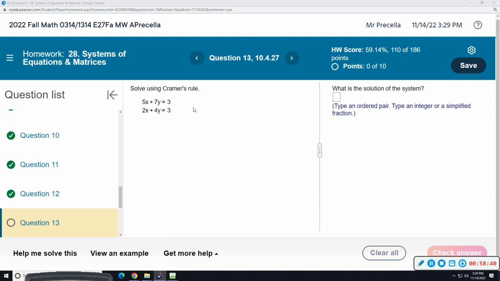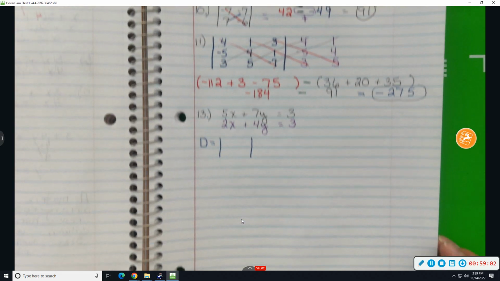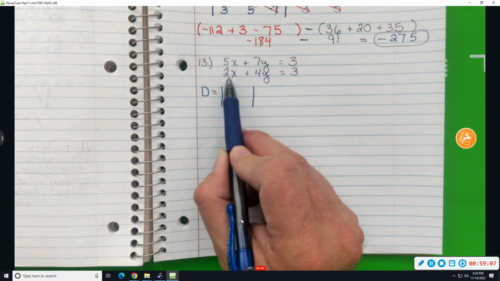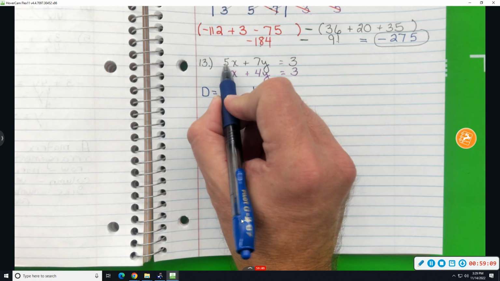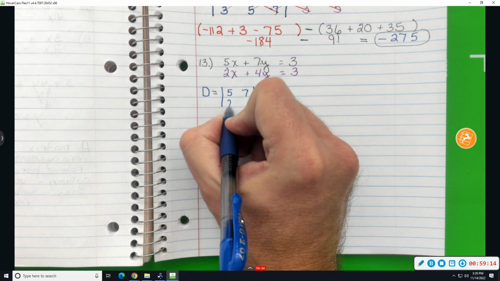You're going to find three determinants. It's going to seem strange, but there's a pattern to this. The first thing you do is you write capital D equals, and you're just going to write down the four coefficients, 5, 7, 2, 4.